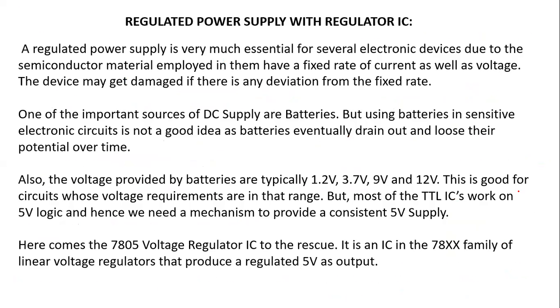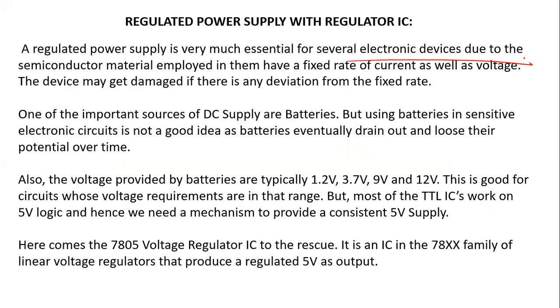Now let's discuss this regulated power supply. A regulated power supply is very much essential for several electronic devices, mainly because the semiconductor material employed in your devices needs a certain kind of fixed supply.